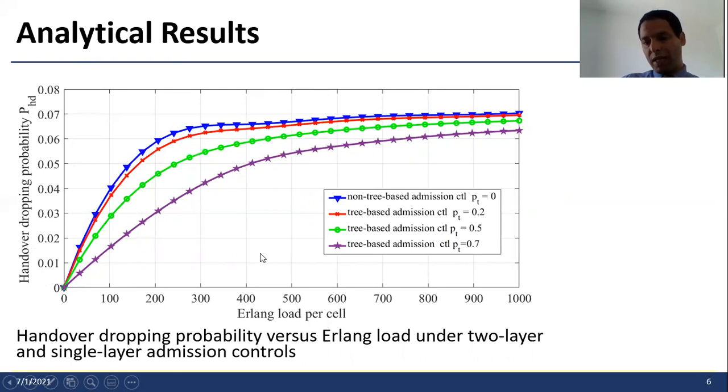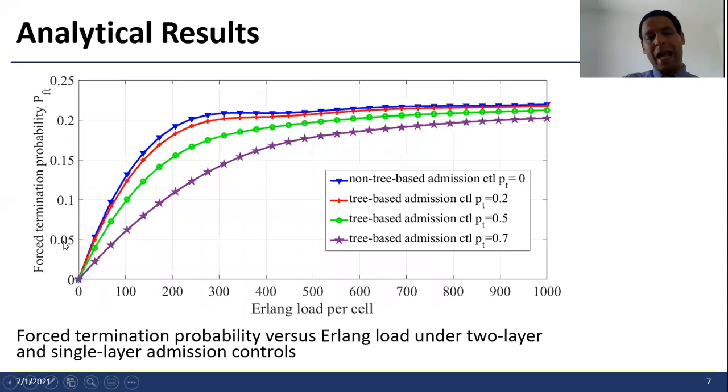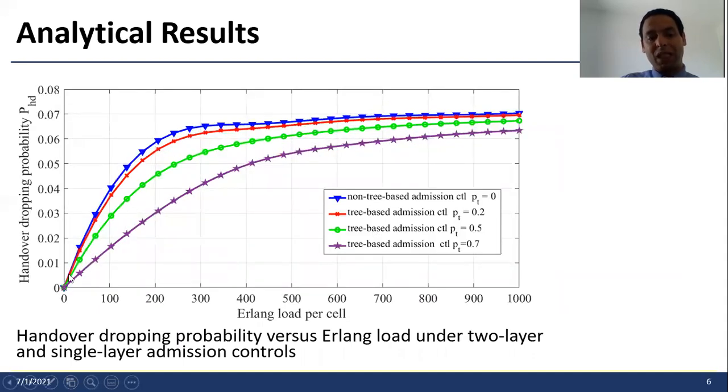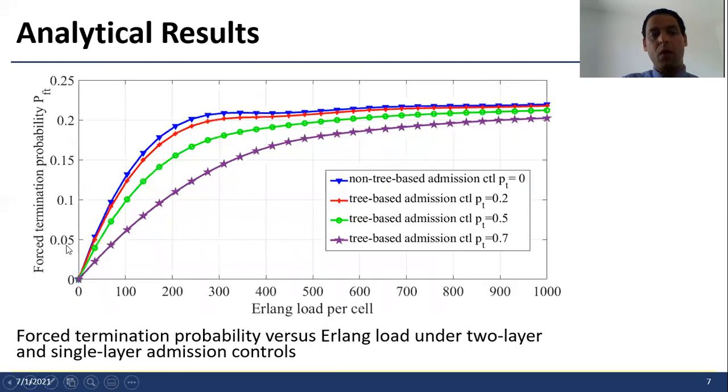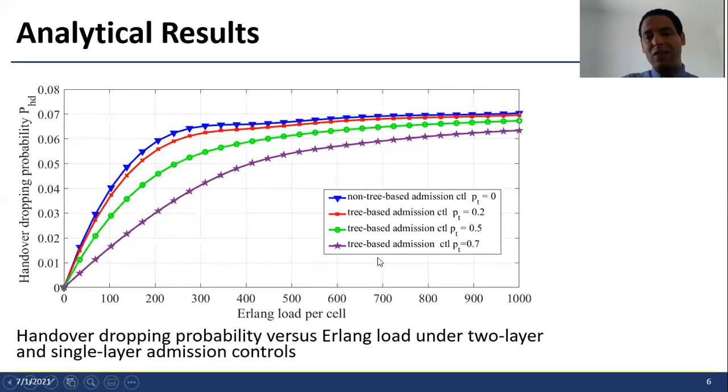So ensuring a sort of admission control at the level of the tree could decrease the handover dropping probability and the forced termination probability. In order to guarantee a specific quality of service metric, whether in terms of handover dropping probability or forced termination probability, you need this value to be adjusted to a certain threshold, or to run the admission control at the level of the tree.